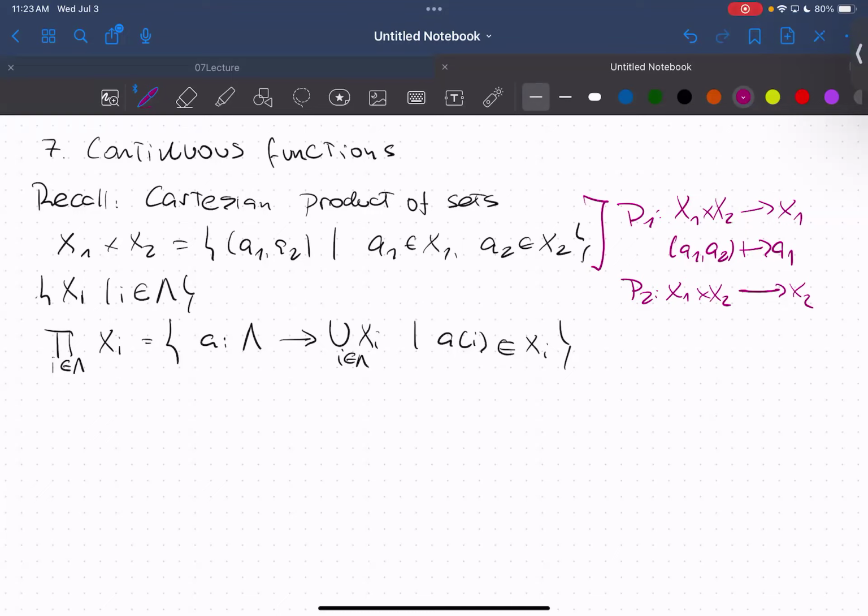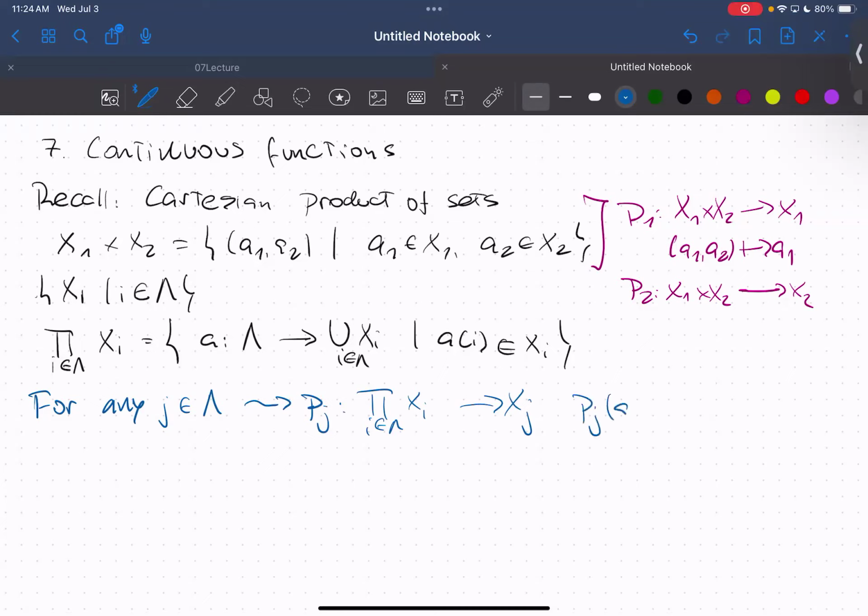In general, if you have an arbitrary product and you fix any index, let's call it j to distinguish it from i, we have what we call the jth projection, which goes from the Cartesian product of all xi's to your favorite xj. Here you're taking a function or a tuple A to its value at j, which we know is an element in xj.